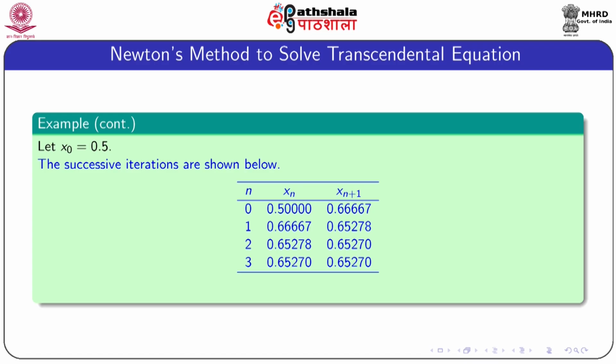Note that after the third iteration we achieve the desired root, that means 0.6527, correct up to 4 decimal places. That means the standard Newton-Raphson method gives the desired root after the third iteration, but the modified Newton-Raphson method takes more iterations to get the same root. That means we can conclude that the modified Newton-Raphson method needs fewer computations, but it takes more iterations than the standard Newton-Raphson method.